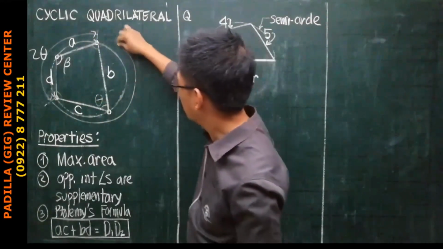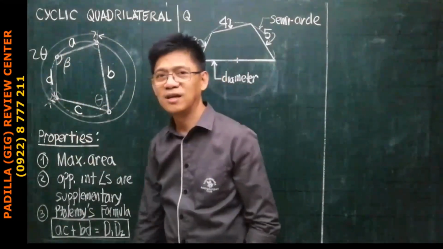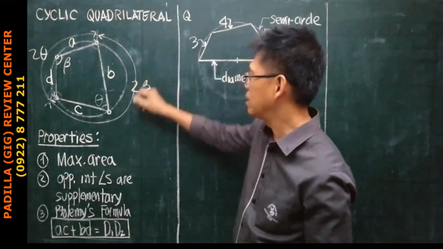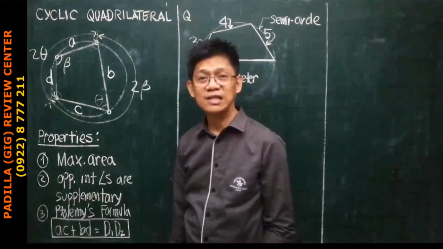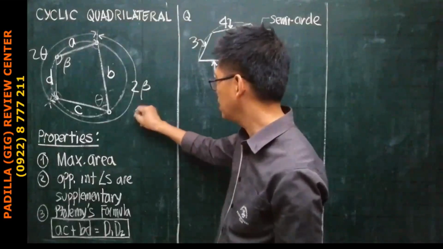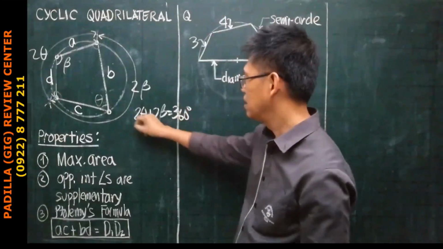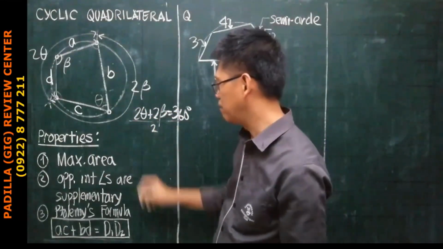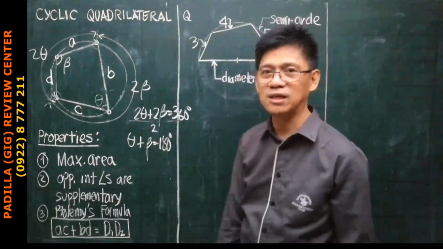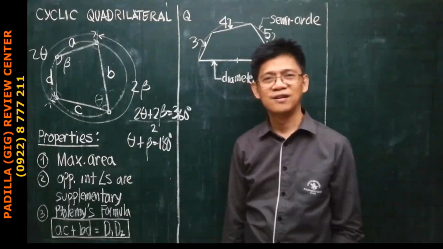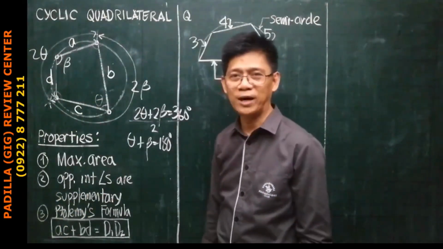So if this is beta, this one must be twice beta. 2 theta plus 2 beta is what? 360 degrees, right? Divide everything by 2, you'll have theta plus beta is 180 degrees. So the sum of opposite angles is always 180.